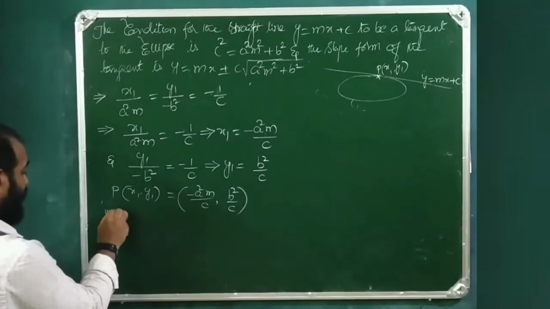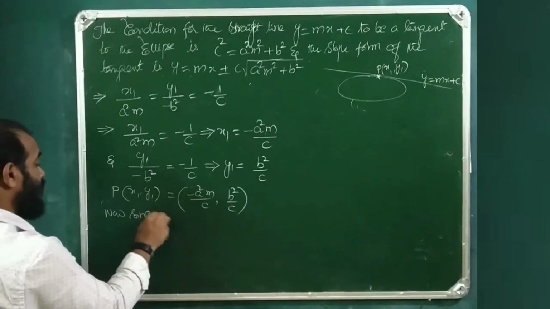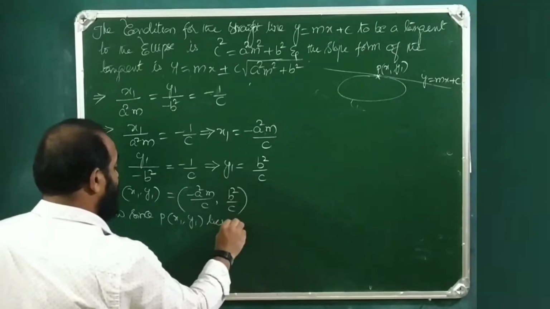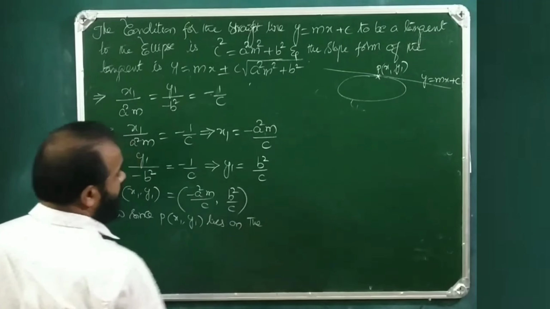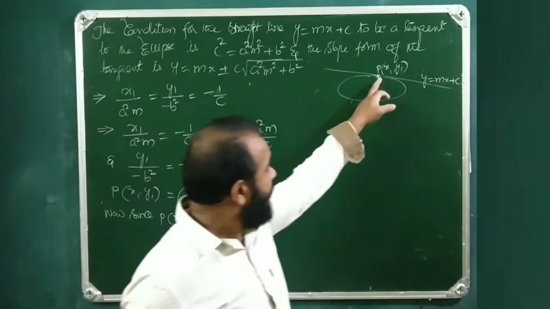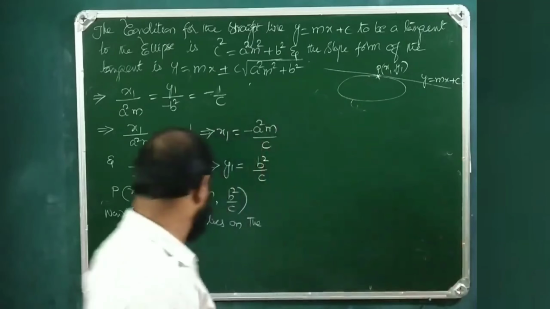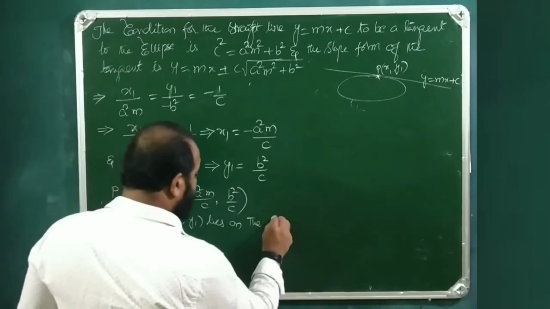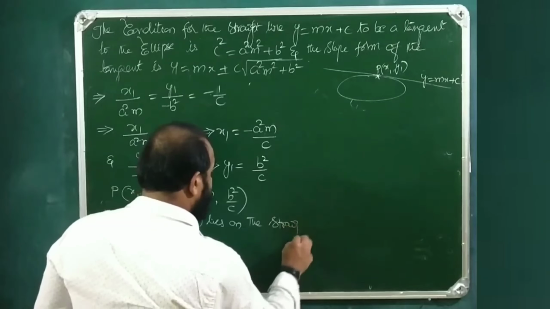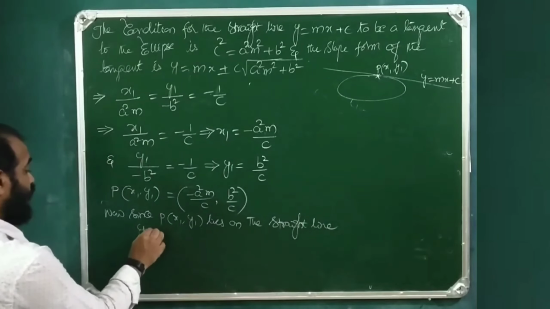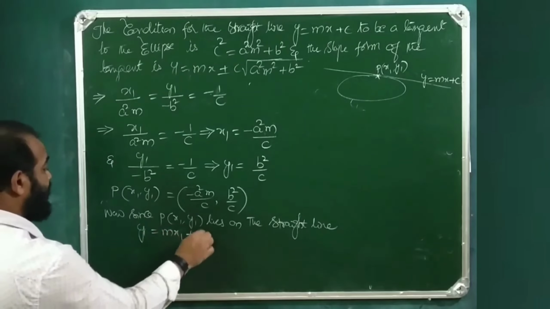Now, since P(x1, y1) lies both on the ellipse as well as the straight line, y1 equals to mx1 plus c.